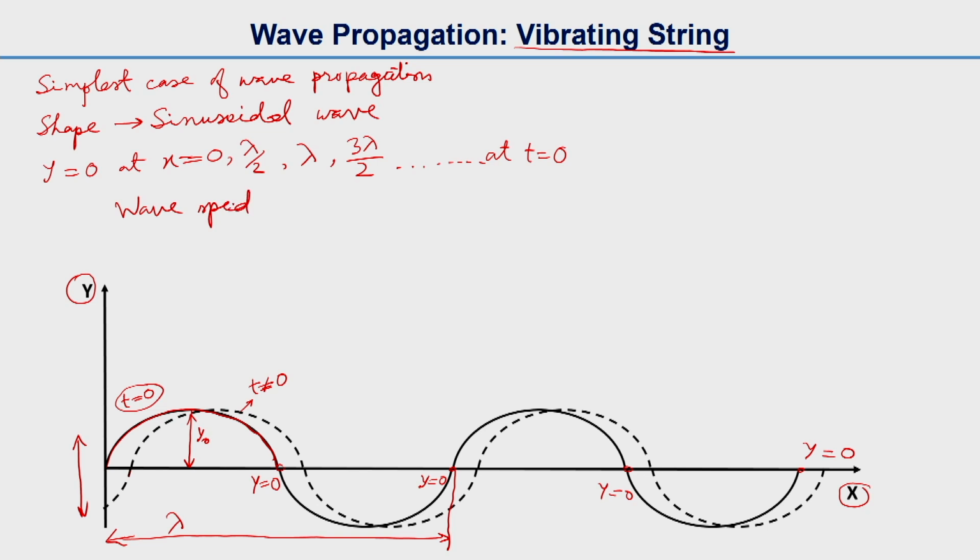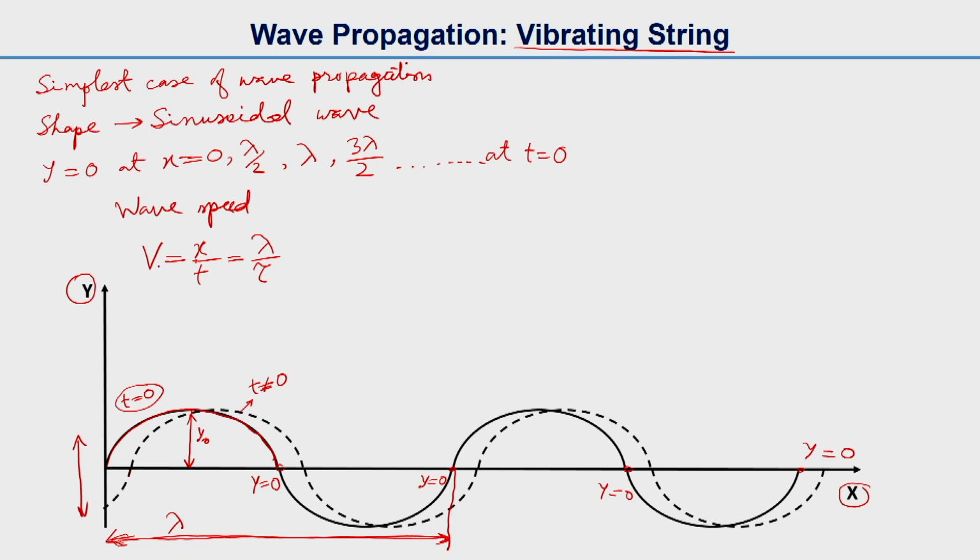Wave speed, capital V, will be equal to the total distance travelled x divided by total time of wave travel, which will be equal to lambda by tau. As we discussed in a previous slide, tau is the time required to travel one wavelength, that is lambda.